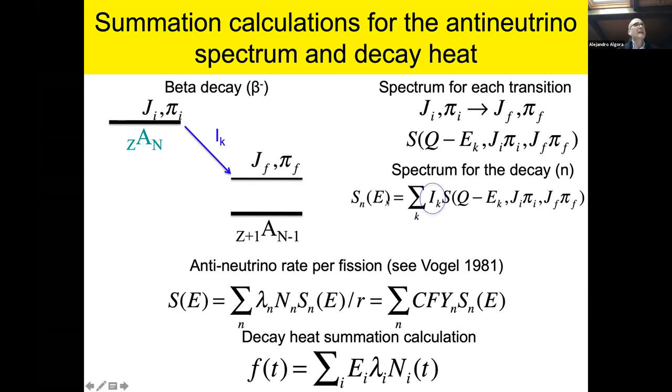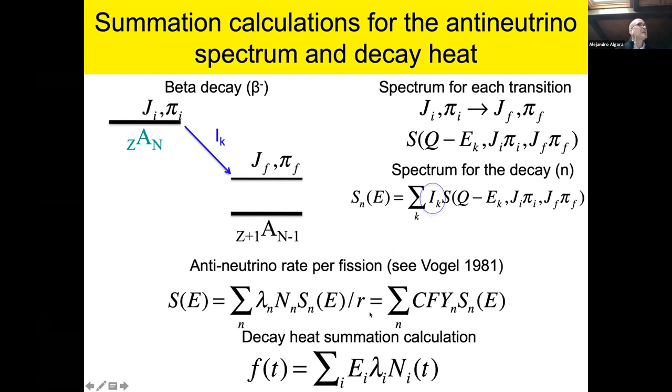But of course, in a reactor you are producing of the order of 1,000 fission products, so you need to calculate the antineutrino spectra for all of them. If you sum over them, this is what is presented here, what is called the summation calculation. In particular, you multiply the activities of the fission products times the spectrum that you can calculate.